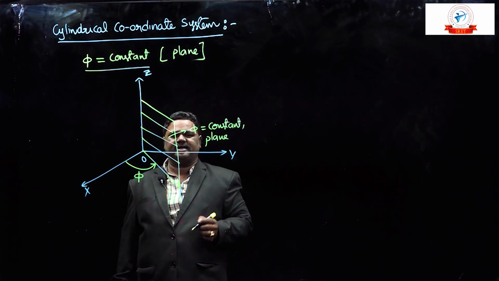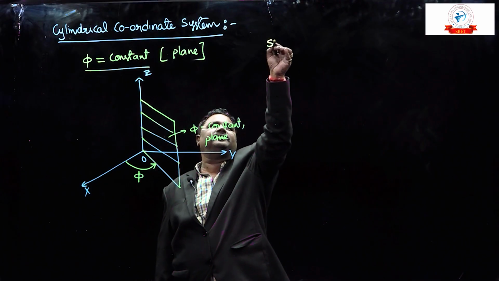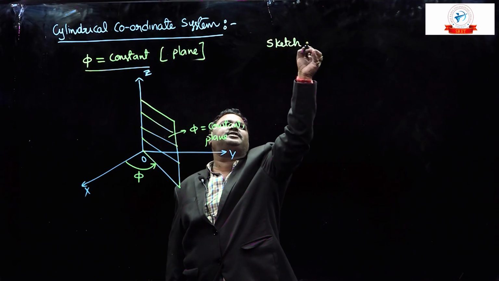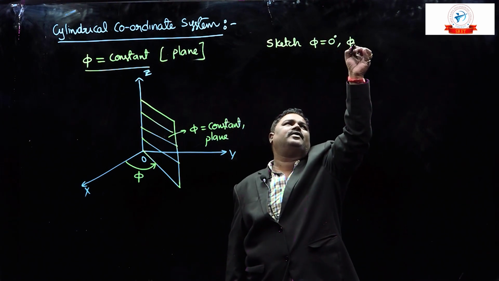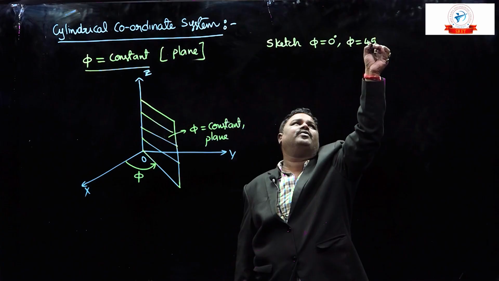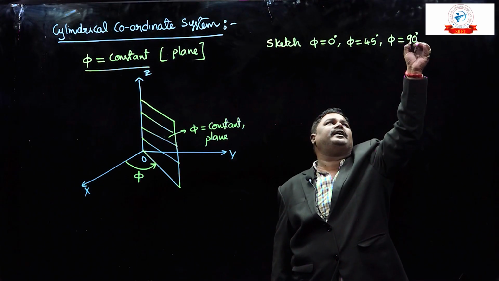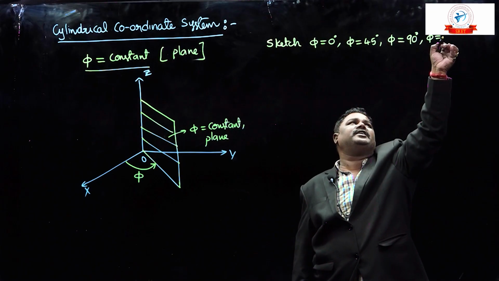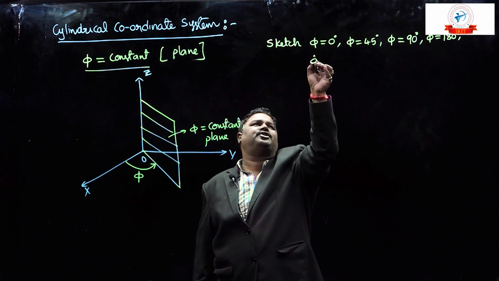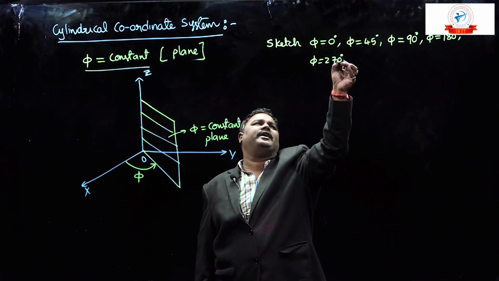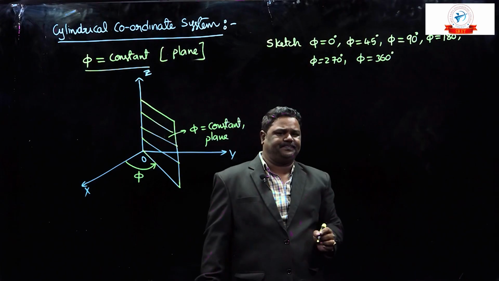To better understand these phi is equal to constant planes, let us sketch the diagrams. Sketch what is meant by the phi is equal to 0 plane, the phi is equal to 45 plane, the phi is equal to 90 plane, the phi is equal to 180 plane, the phi is equal to 270 plane, and the phi is equal to 360 plane.